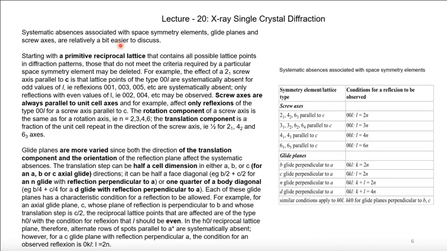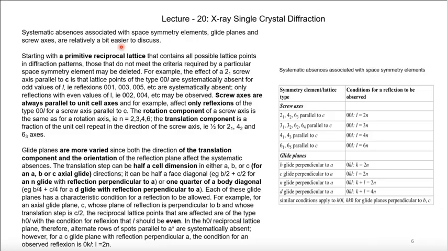We need to know about the space symmetry elements also. We have to find out the space group before we start taking our data. So with the help of systematic absence and lattice type, we can conclude the possible space groups of the crystal under consideration.